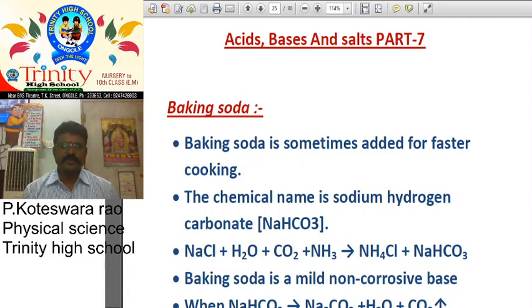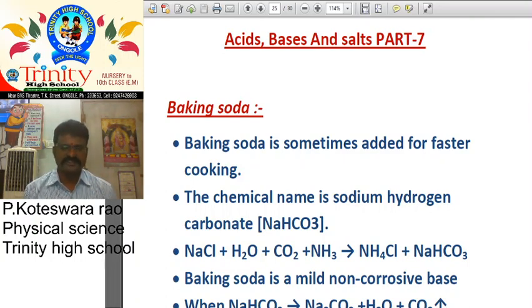But you already discussed the first two, sodium hydroxide and bleaching powder. What is the formula for sodium hydroxide? NaOH. What is the formula for bleaching powder? CaOCl2. Calcium oxychloride.